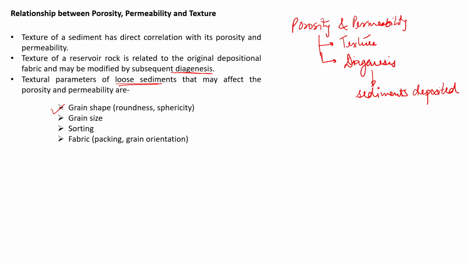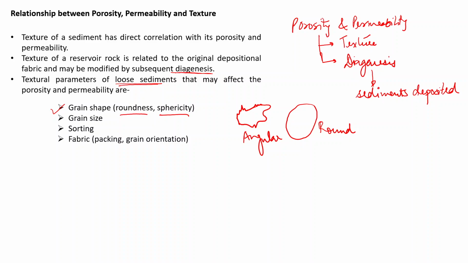First one is the grain shape, where we have roundness and sphericity. So remember, roundness is the degree of angularity of the grain. So we will call this type of grain an angular grain, while we may call this type of grain a round grain. Then sphericity is the degree to which a grain approaches the spherical shape.